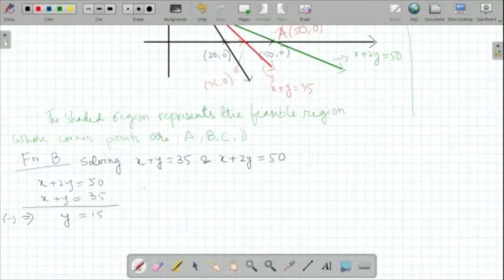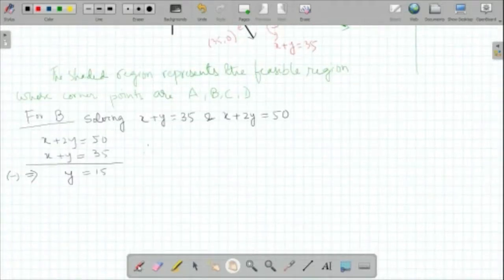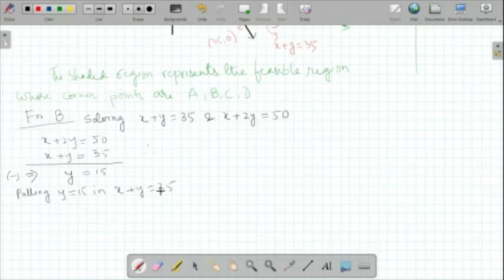So therefore, now we have the y value. Now let's find out x. Putting y equal to 15 in which equation? x plus y equals 35.